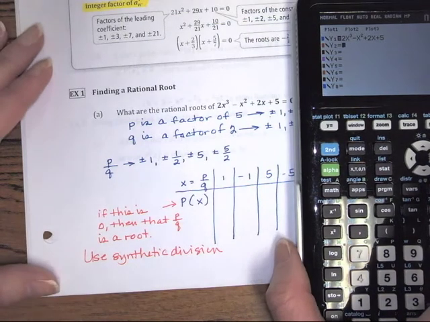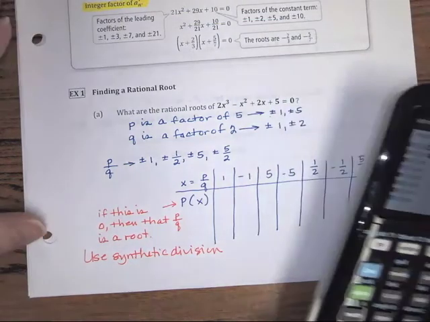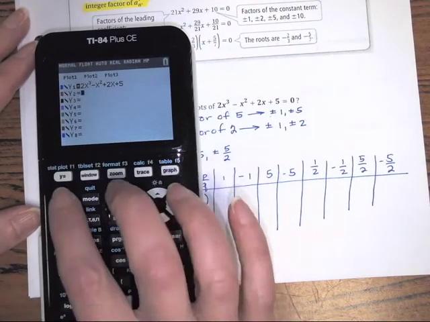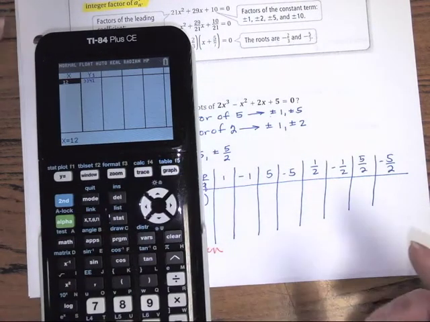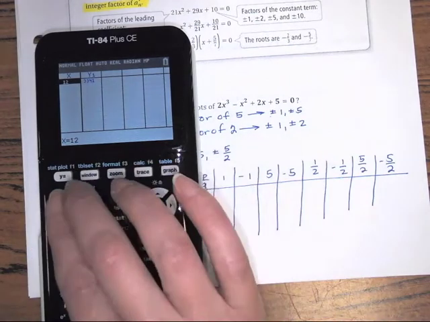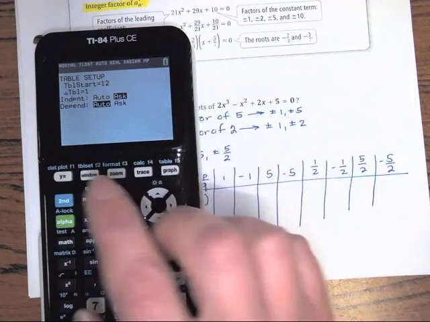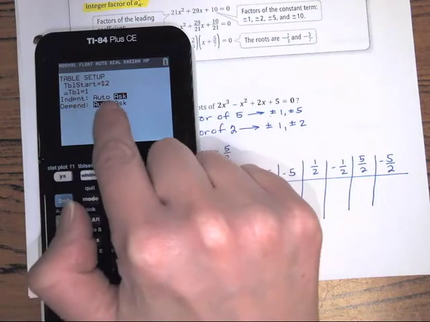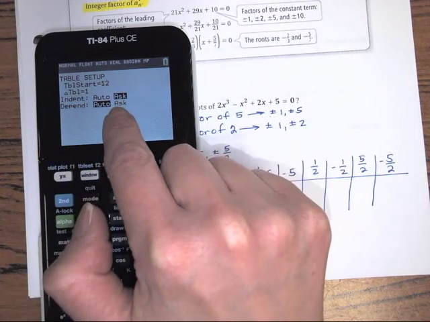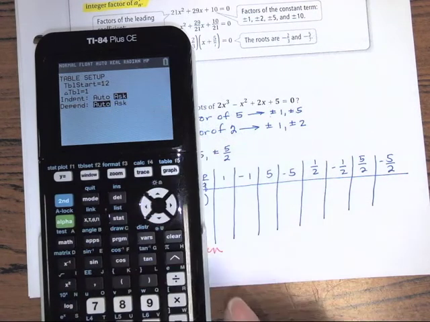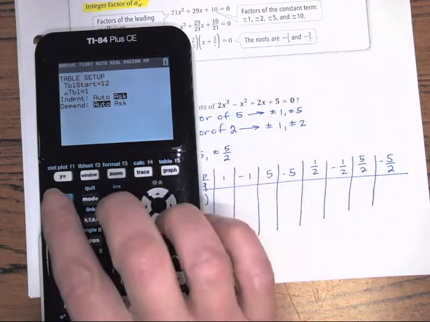Now, I'm actually going to want to use the table feature, and that's this right here. But we got to go to table set because I need to show you something. When you are doing this, you want to go to ask, because you want to put specific things in there. So we want it to say ask, but mine already does.